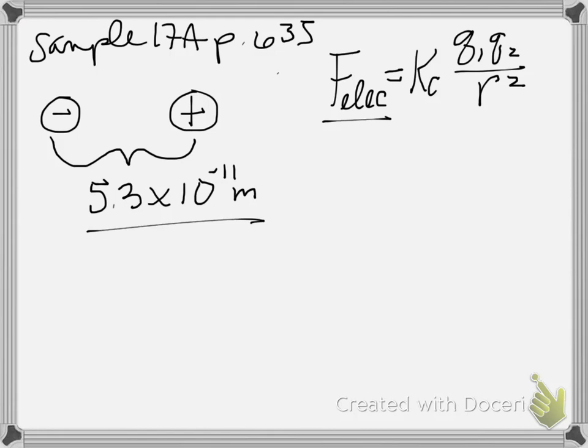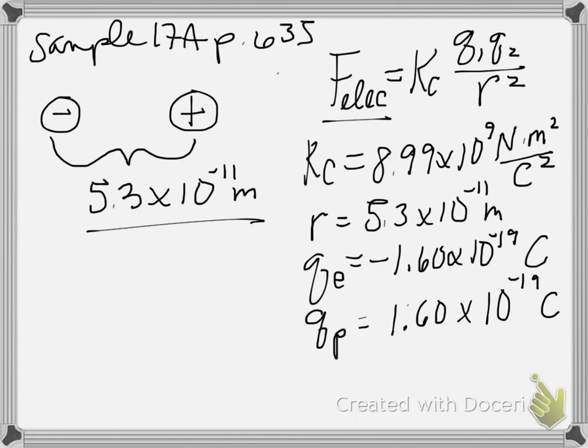So, first of all, let's list our variables. Okay, so we've got our variables listed. One place that is a really great place to screw up, just forewarning you: if you look at these charges on the proton and electron, the charge on the electron is negative, the charge on the proton is positive. But they're both times 10 to the negative 19th coulombs, because they're both very, very tiny.